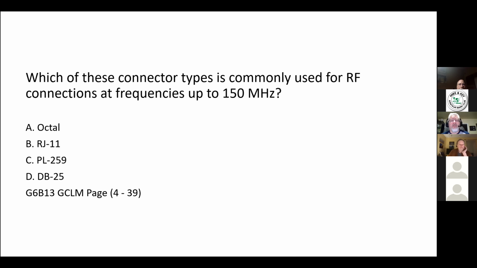Which of these connector types is commonly used for RF connections at frequencies up to 150 megahertz? A, octal, B, an RJ11, C, a PL259, or D, a DB25? Charlie is correct, the PL259.